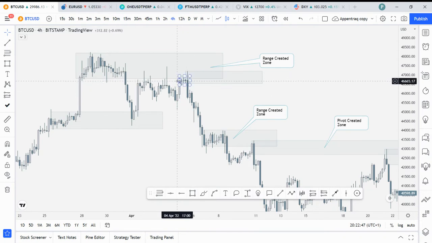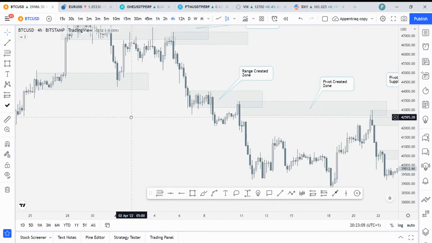When you go to the lower time frame, you see more clearly that price was ranging between these points, and then all of a sudden there was an aggressive move away from that point. So this is a typical example of a range created supply zone.